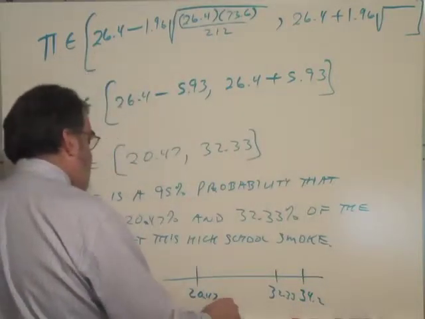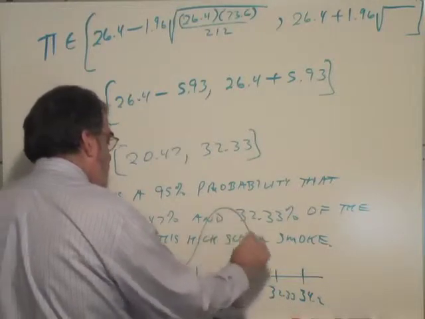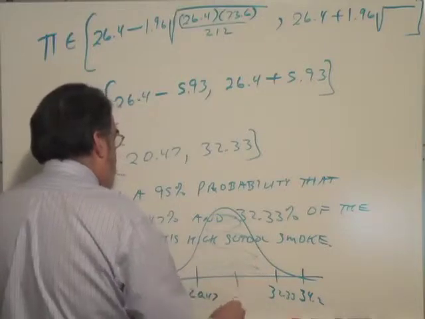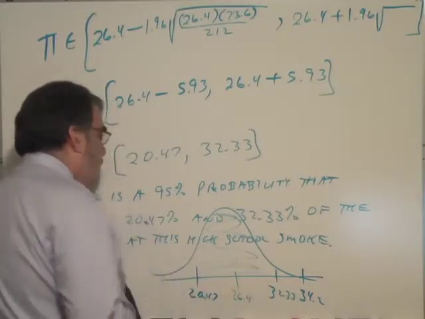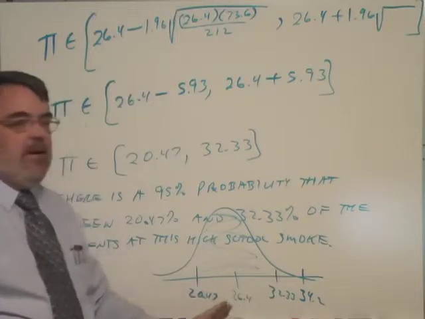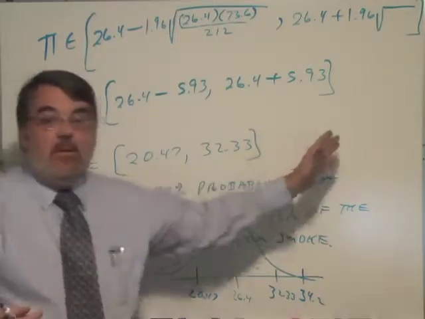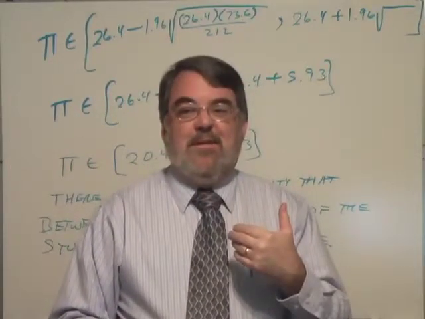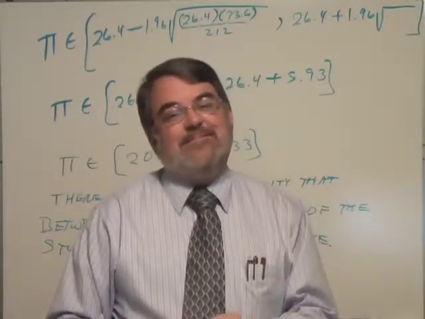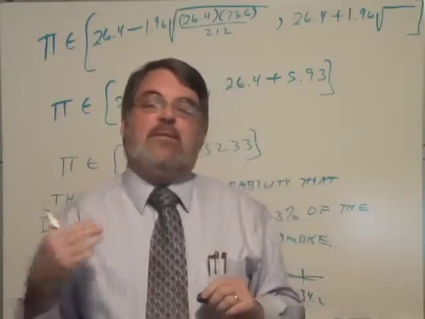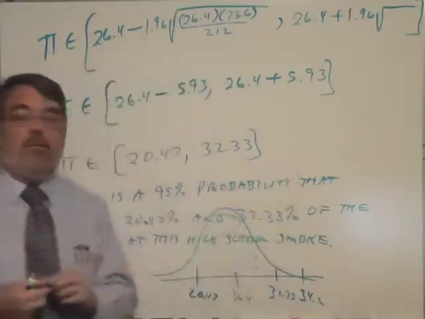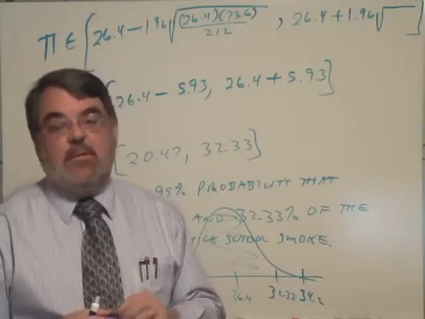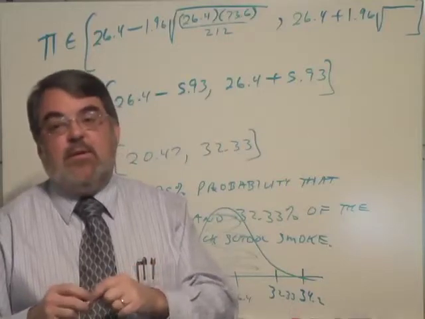So for our high school, here's the middle 95%, and the national average is above that interval. It's outside the interval. So this high school is under the national average. With at least 95% confidence, we could conclude that this high school has a smaller percentage of smokers than the national average, based upon this estimate of the population percentage.